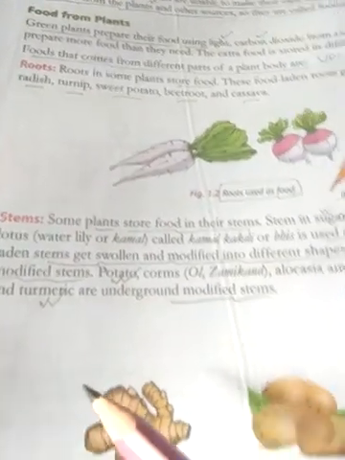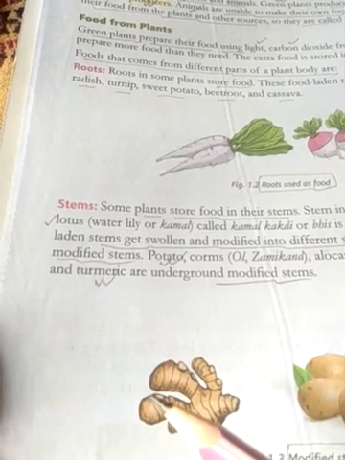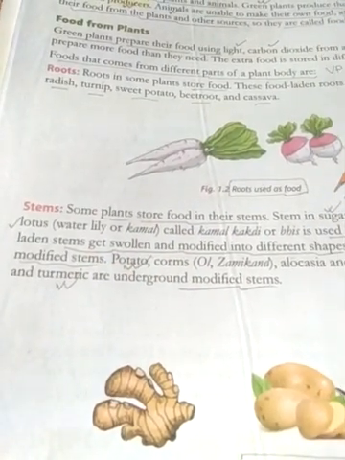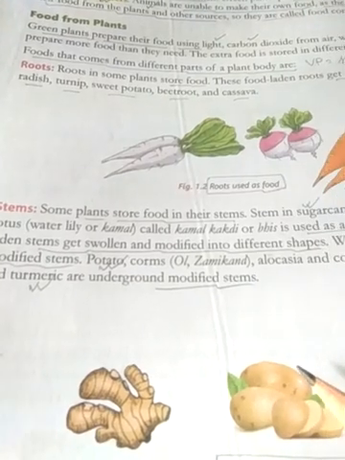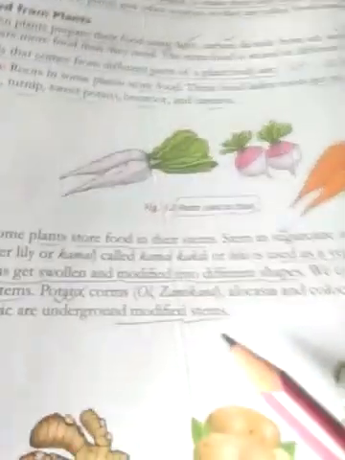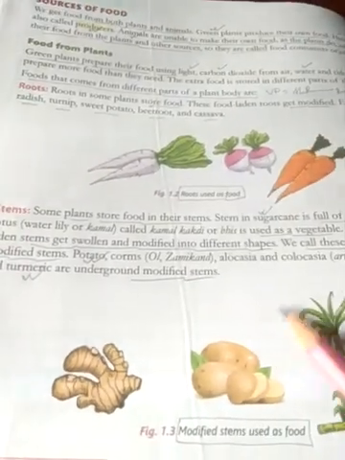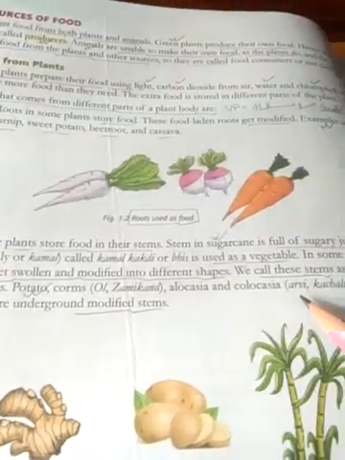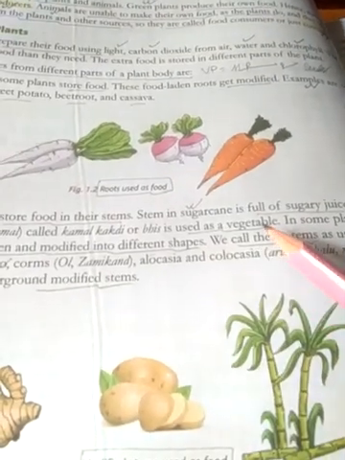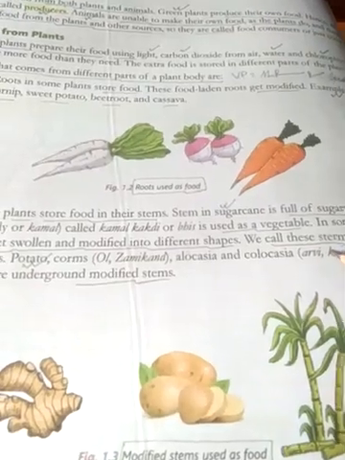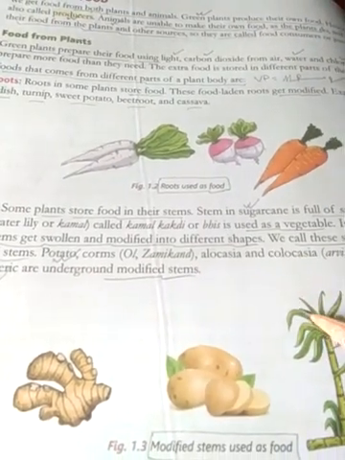Likewise, another source of plant food is stem. Plants also store their food in their stems. For example, sugarcane fills sugary juice in its stem.